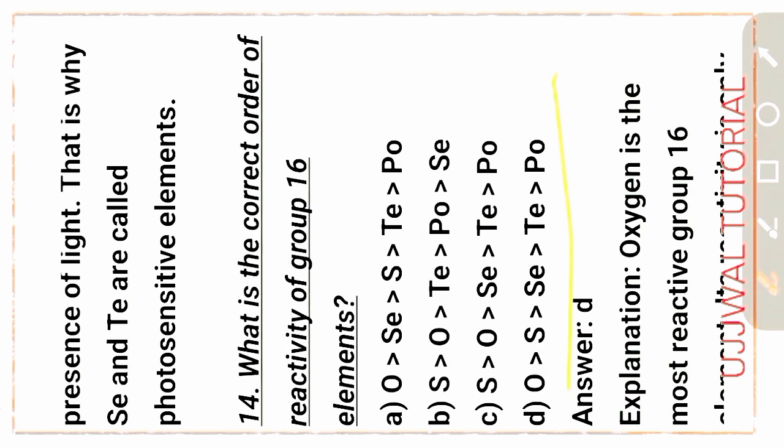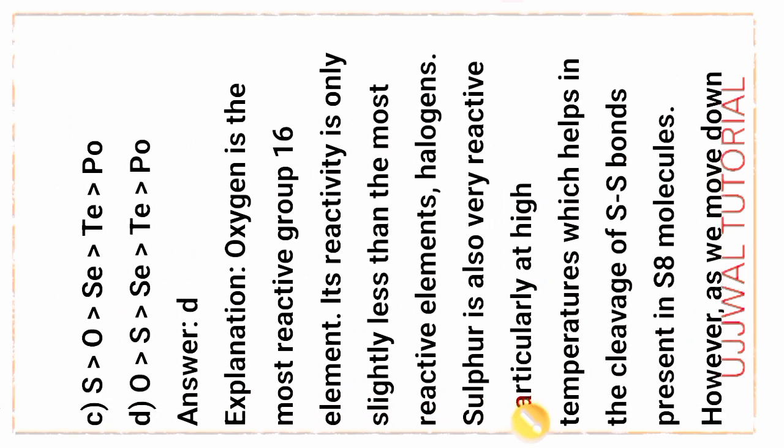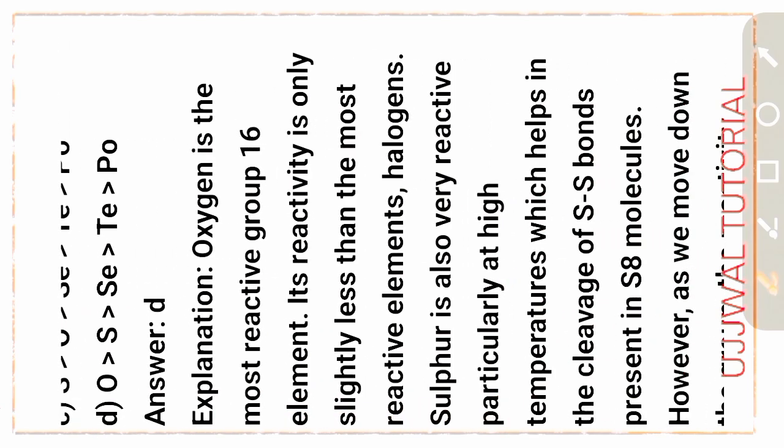To explain this part, my dear viewers, oxygen is the most reactive group 16 element. Its reactivity is only slightly less than the most reactive elements, the halogens. Sulfur is also very reactive, particularly at high temperature, which helps in the cleavage of sulfur-sulfur bonds present in the S8 molecule.